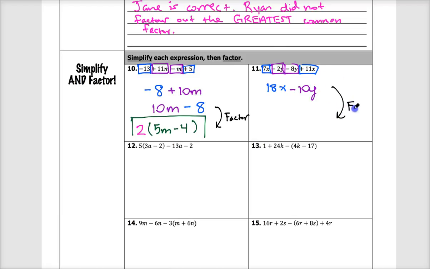Now I factor. I think, what's the GCF of 18 and 10? Well, the GCF of 18 and 10 would be 2. And so if we factor out a 2, what times 2 is 18x? That's 9x. What times 2 is negative 10y? That's negative 5y. So 2 times the quantity 9x minus 5y.